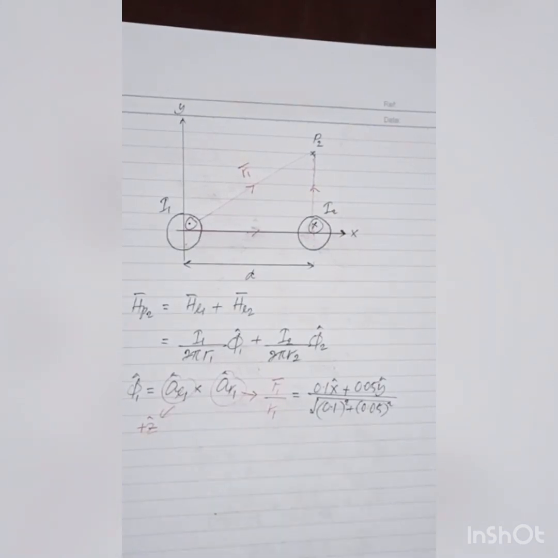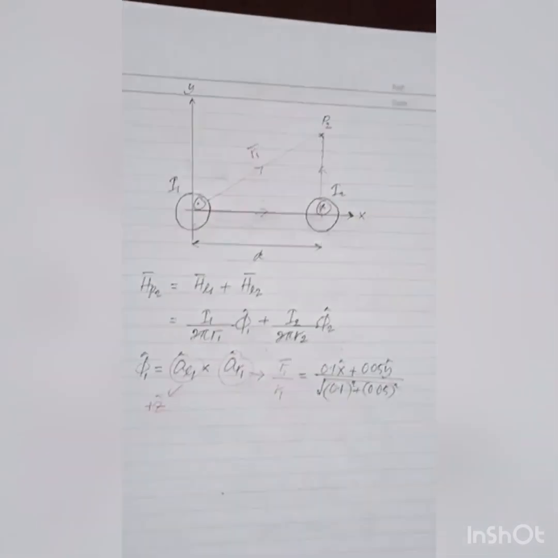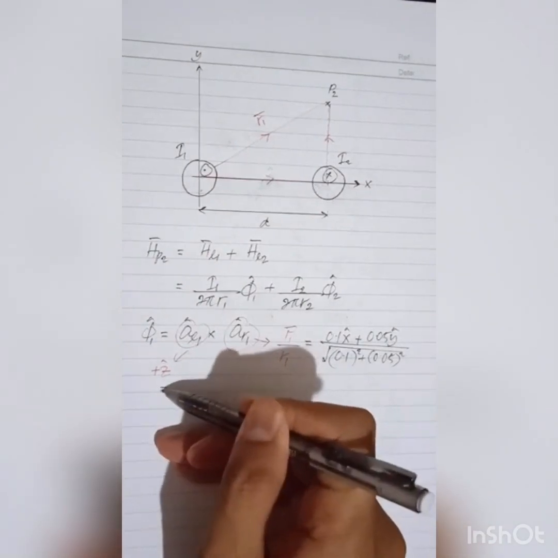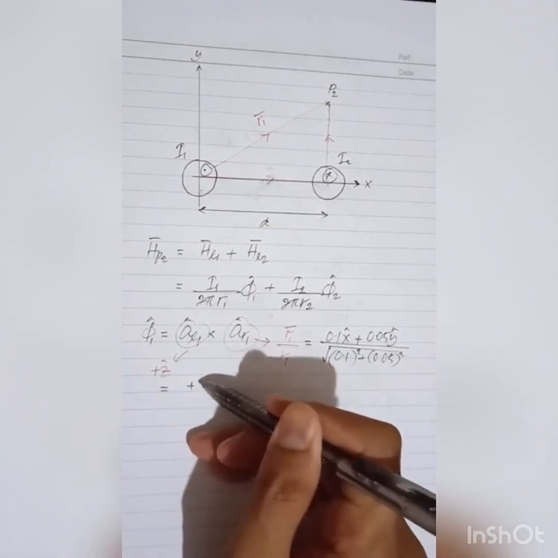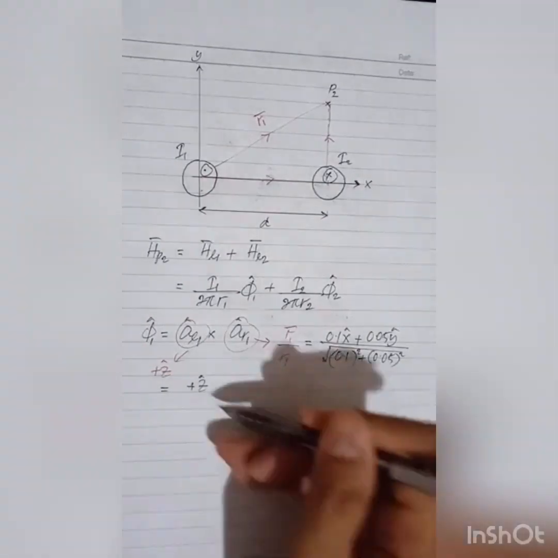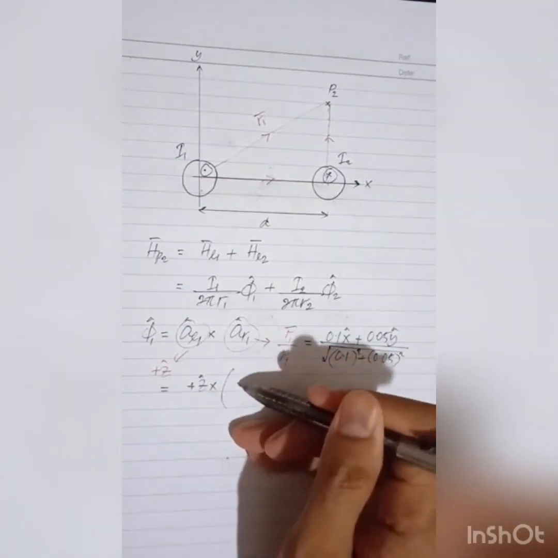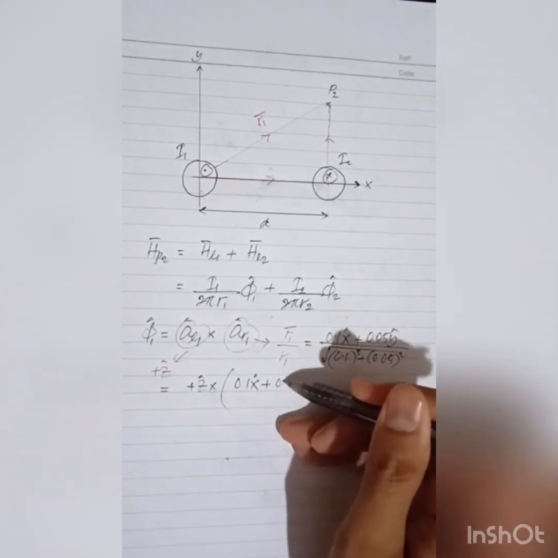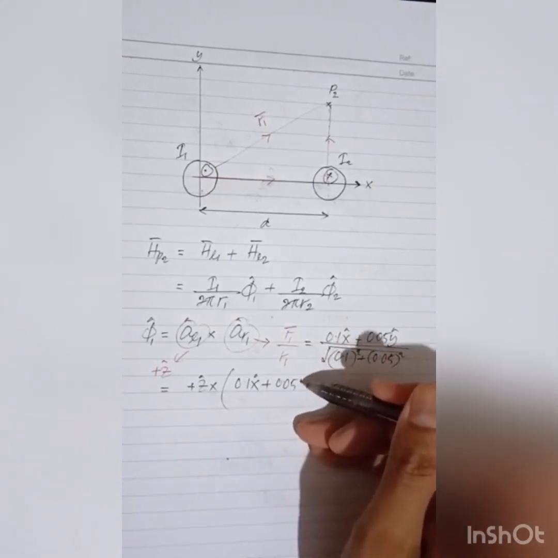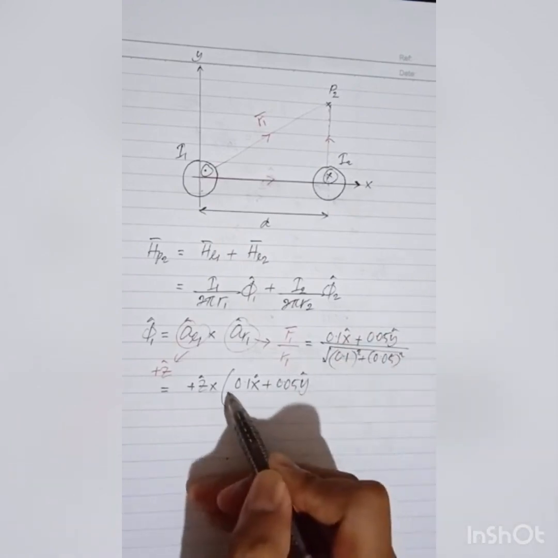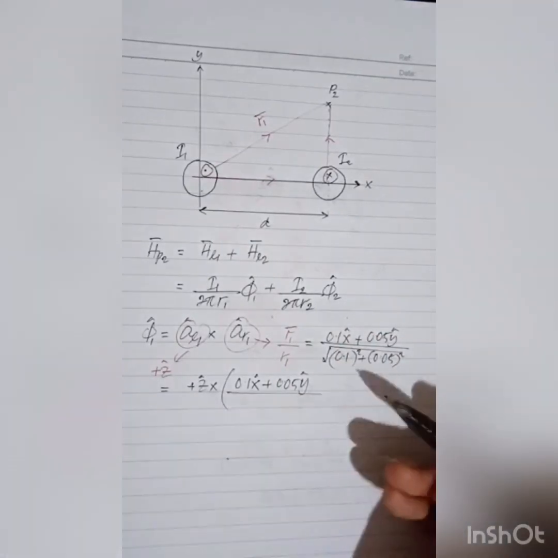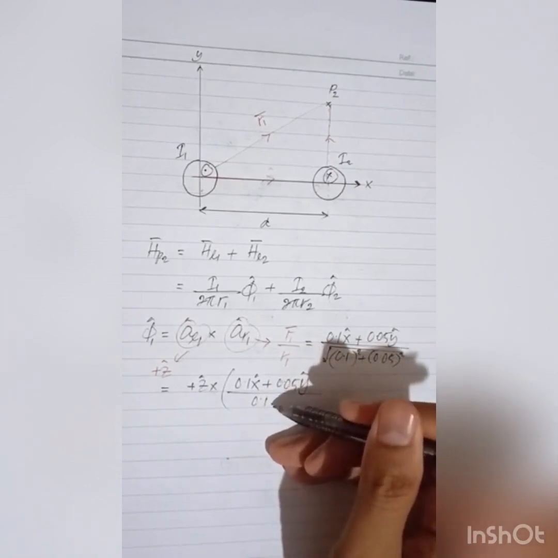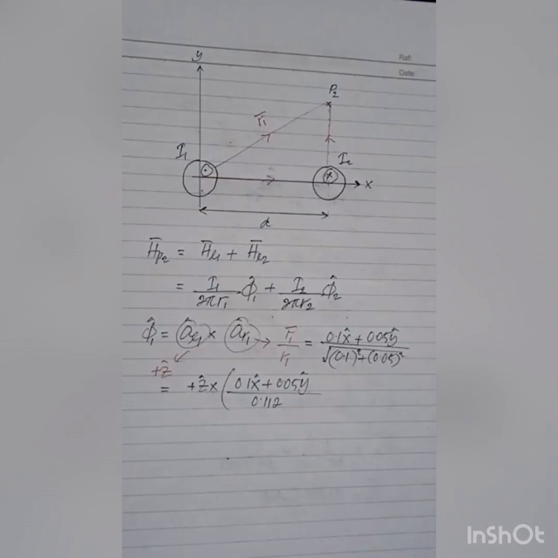Now let's perform the cross product between these two unit vectors. We have positive Z cross with 0.1 in the x component plus 0.05 in the y component, over its magnitude given as 0.112.